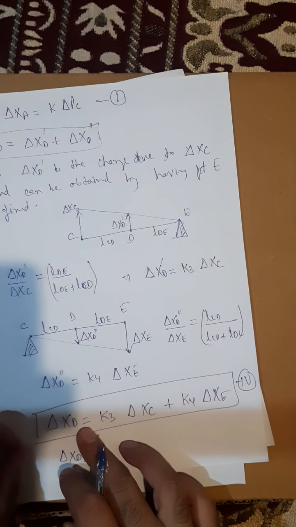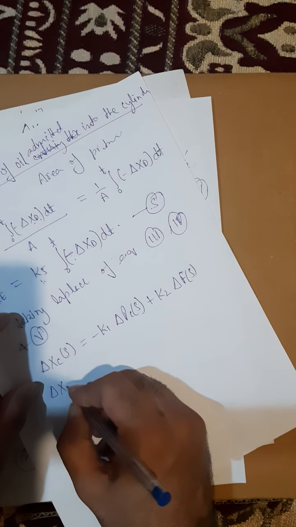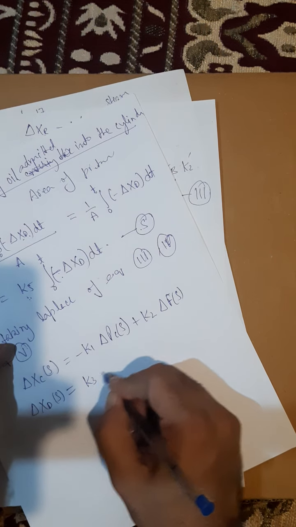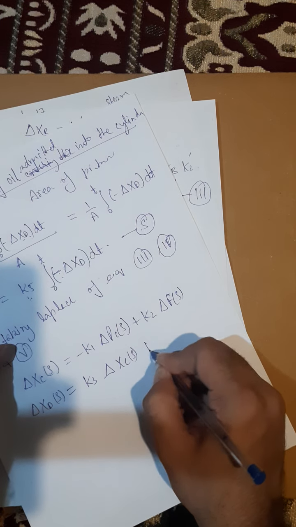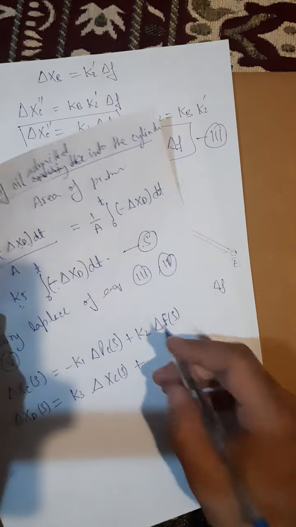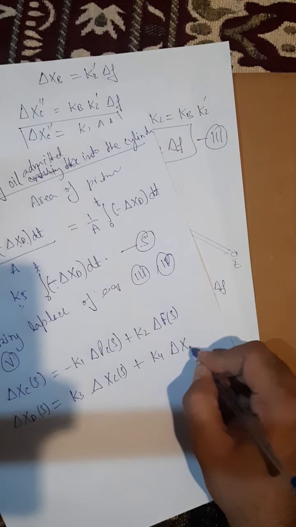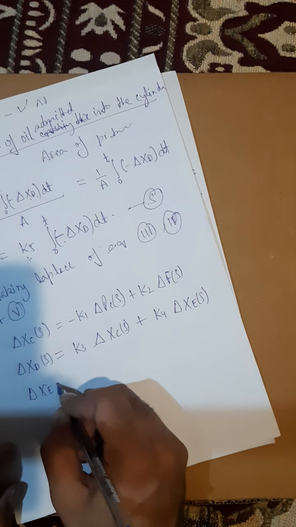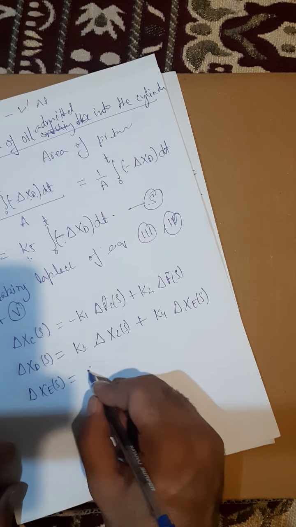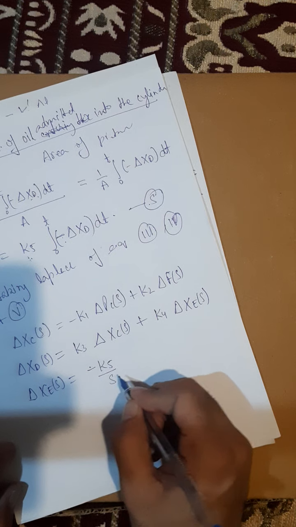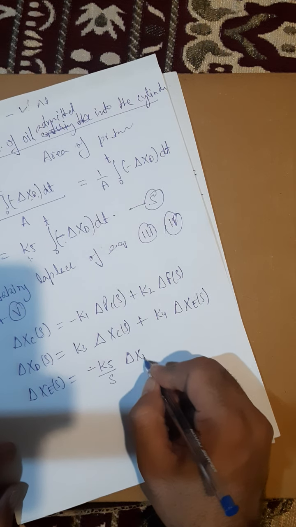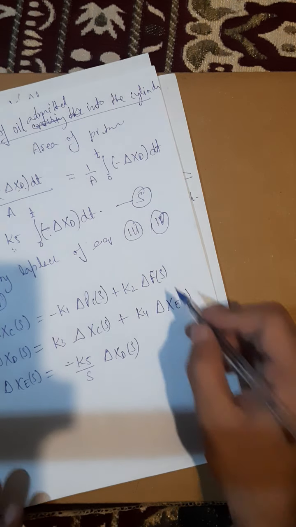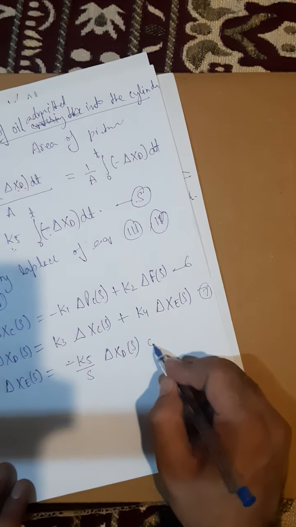So delta XDS will be equal to K3 delta XCS plus K4 delta XES. And what is the Laplace of equation number 5? Delta XES will be equal to minus K5 by S delta XDS. Okay, so you will get these equations. Label them equation 6, equation 7 and equation 8.